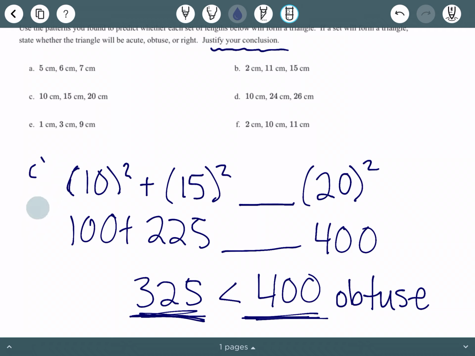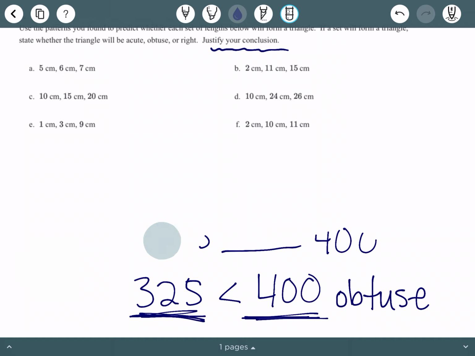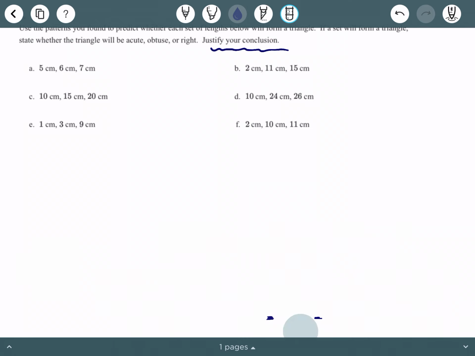Okay, on to D. Now for D, it gives us the side lengths 10, 24, and 26. Well, that's going to make a triangle, because any way we add two of those, it's going to be longer than the third side. So now we're left to determine what type of triangle it is. So I'm going to plug in 10 squared plus 24 squared.